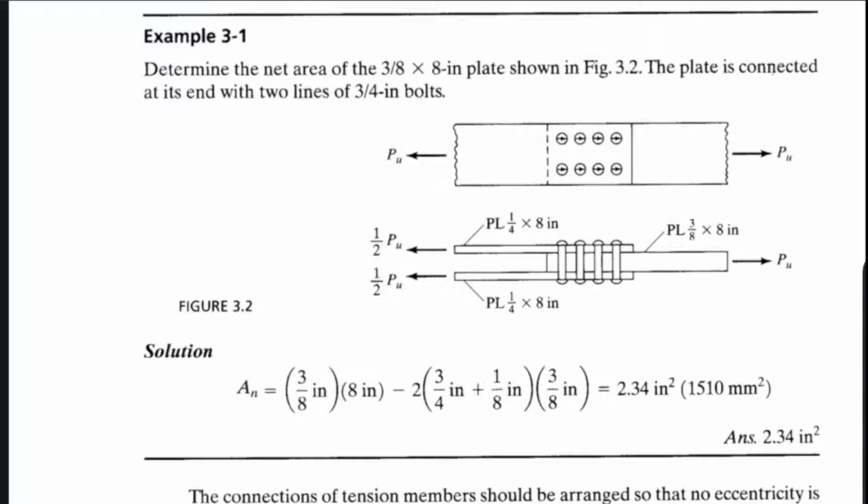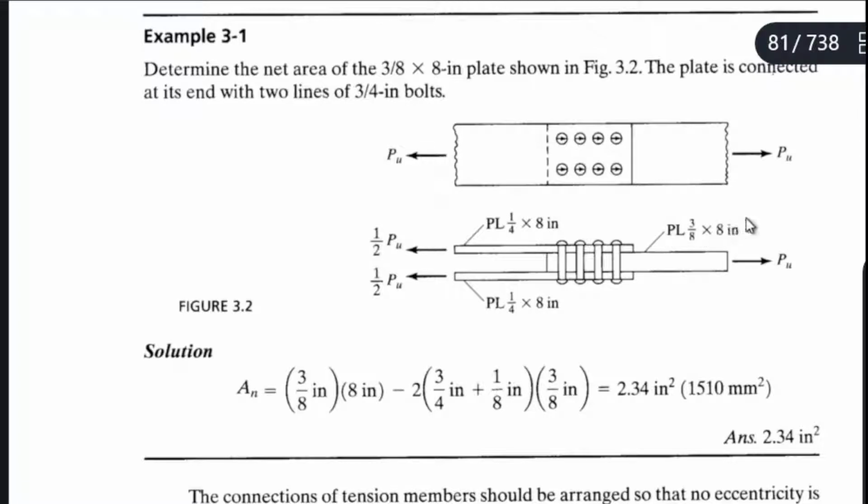If you measure this width from this point to this point, this is 8 inches. Do you follow? And if you measure the thickness, this is 3/8 inches. So 3/8 by 8 inches. That is what we mean by plate. PL means plate.